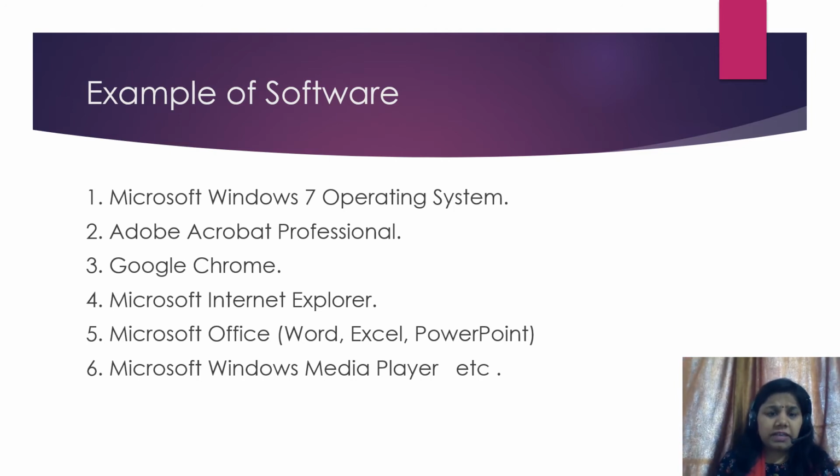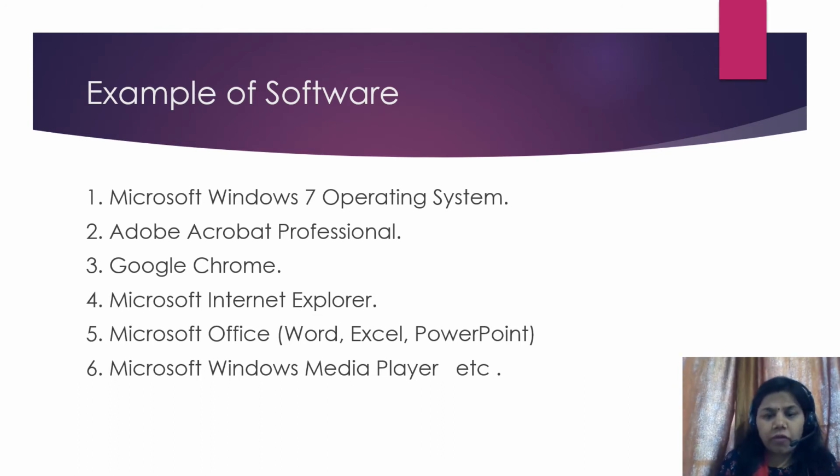Now next, here are many examples of software. Microsoft Windows operating system is also one of the software, the operating system which is installed in our computer. Then Adobe Acrobat Professional, where all the PDF files you create are made. Then Google Chrome, a web browser. Then Microsoft Internet Explorer, also a web browser which helps us connect to the internet.